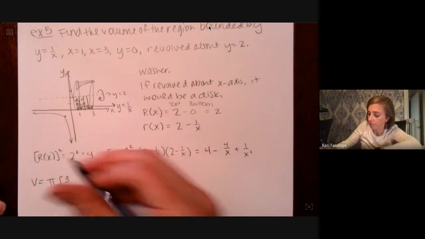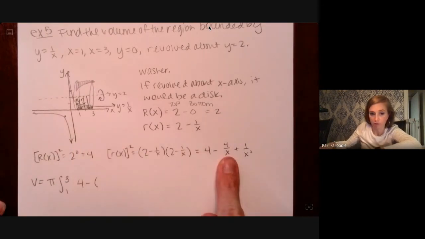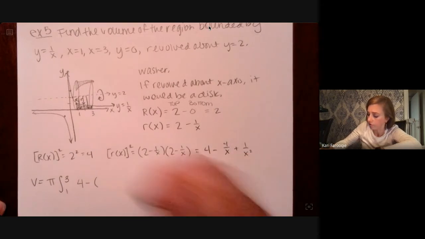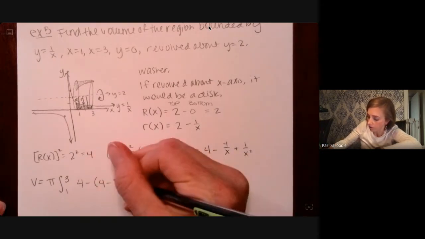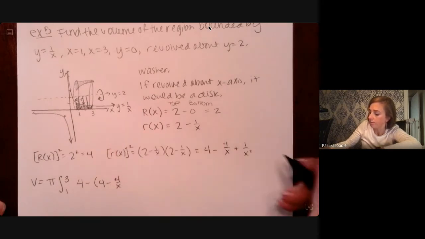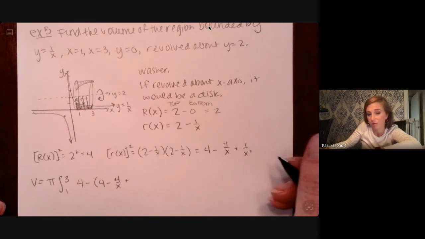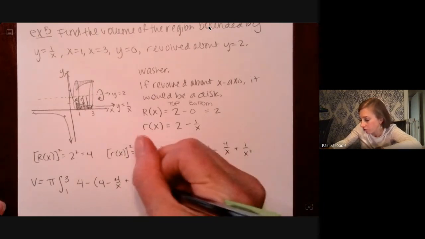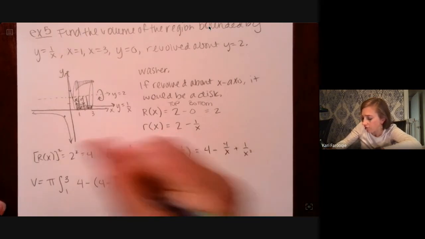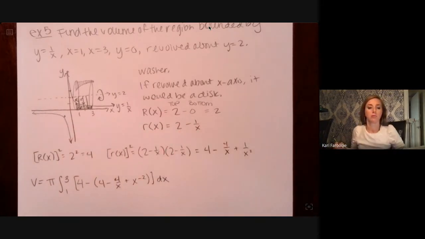And I'm taking big R squared minus little r squared, which is this whole quantity. 4 minus 4 over x, plus, and instead of writing 1 over x squared, I might just write it as x to the negative second. I know I'm going to have to integrate it. Right, like that. And then we'll simplify before we integrate.